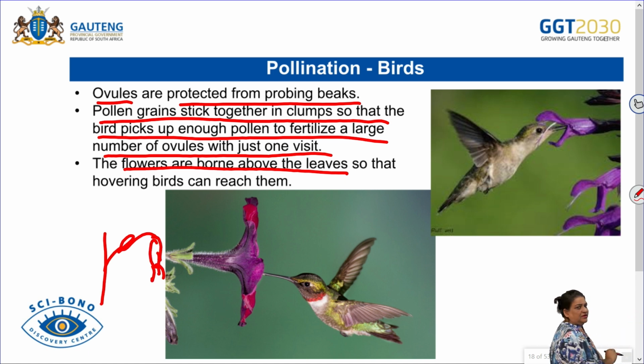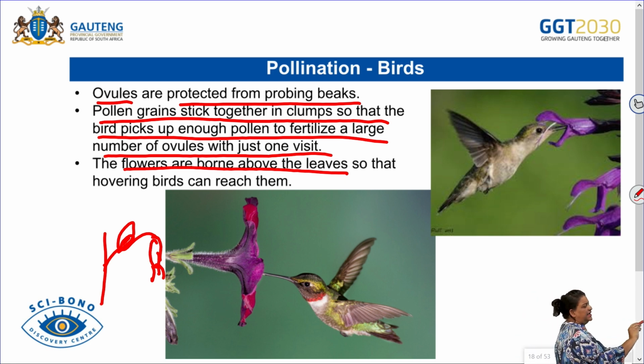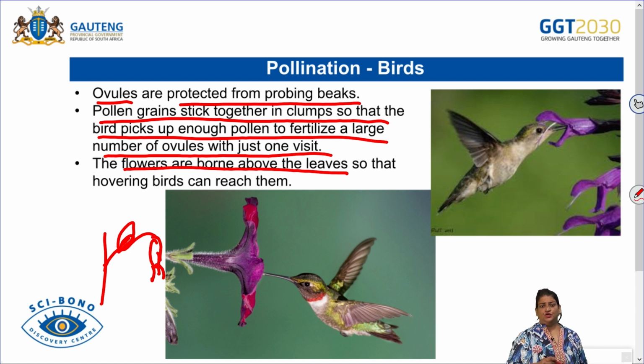Okay? So here's your main branch, here's your side branches, right? And then here's your leaves, and then from there, your flowers hang above the leaves. So that's what they mean. It hangs or moves above the leaves so that it's free for the bird to access it, to reach it.